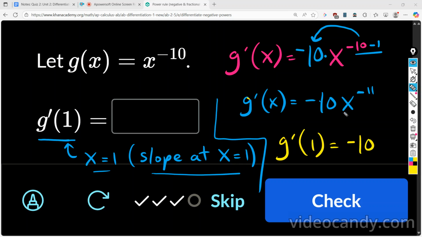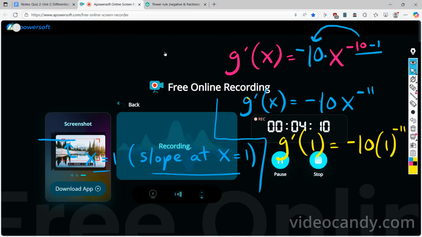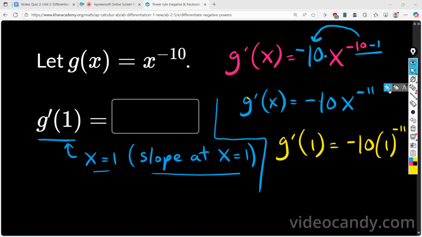Plug in 1 in place of x, so it's times 1 to the power of negative 11. And 1 to the power of negative 11 is just 1. Negative 10 times 1 is just negative 10.